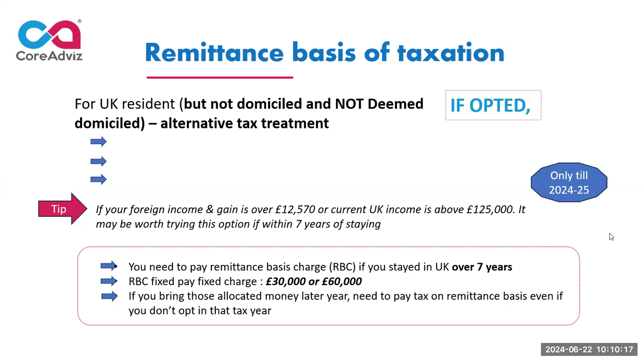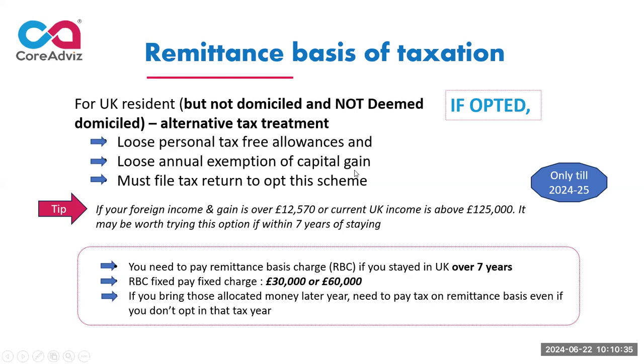I will just quickly cover this because this rule is going to be obsolete after this year. But if you are opting for this remittance basis and you're not bringing any fund from income from overseas, then it is not taxable in UK.